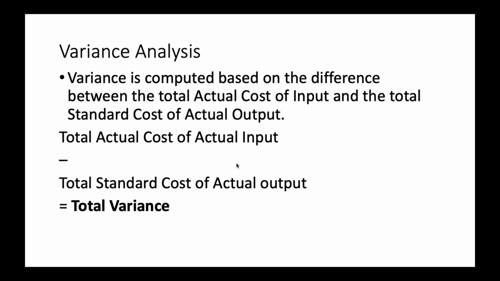The difference between the actual and the standard cost is what we call variance. So in short, the formula for computing the variance is total actual cost of actual input minus the standard cost of the actual output equals the total variance.